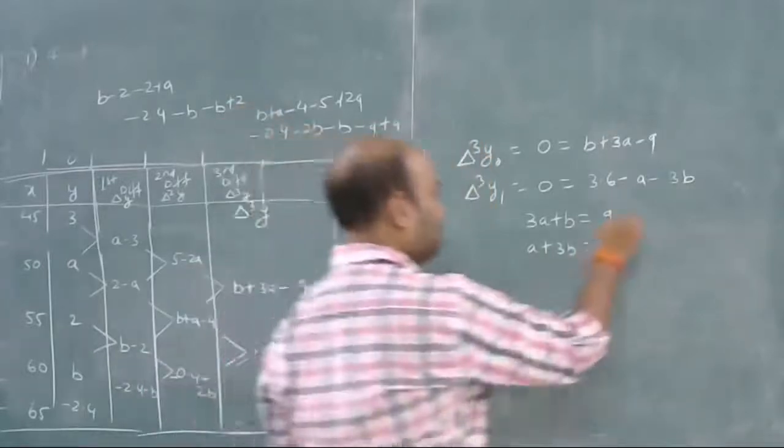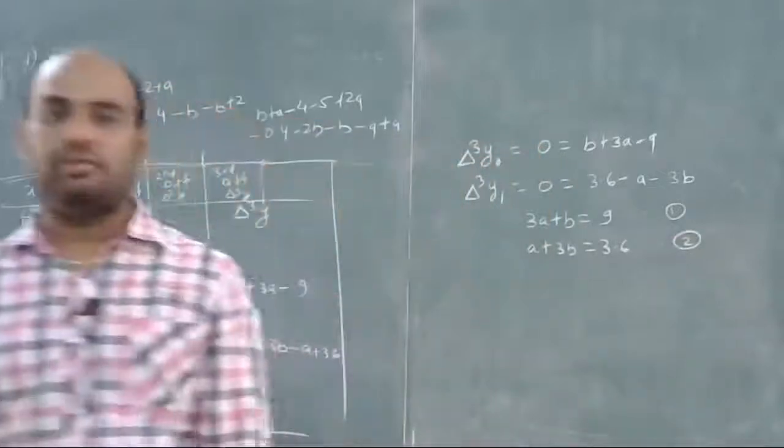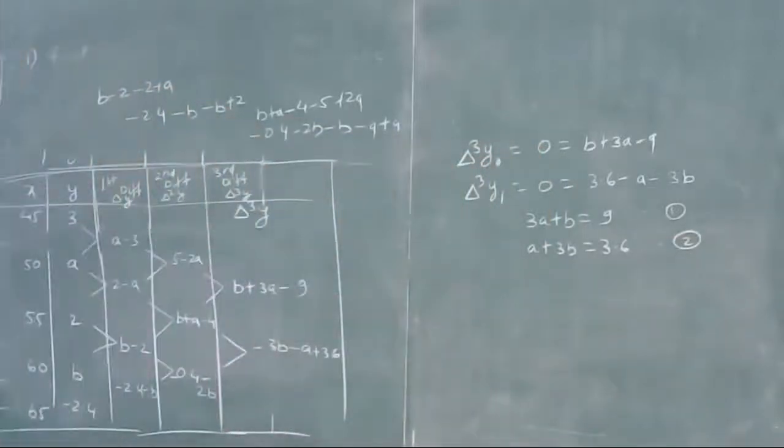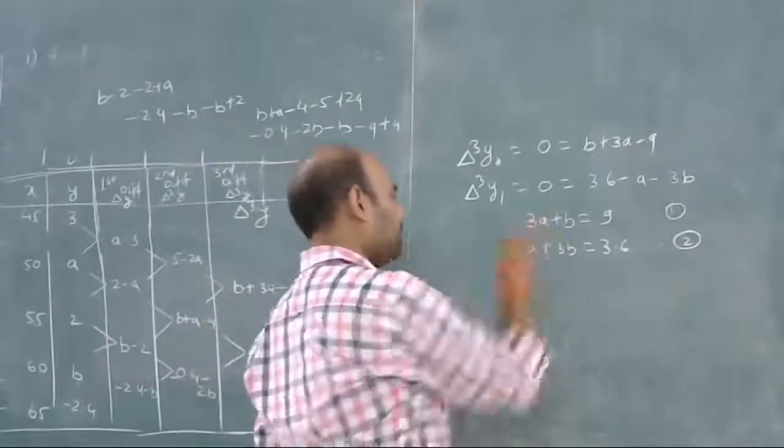So solve these two equations, equation 1 and equation 2, you can find the value of unknowns a and b.